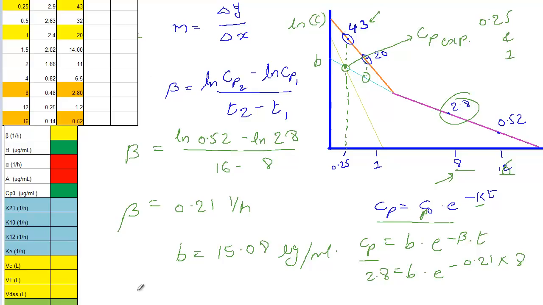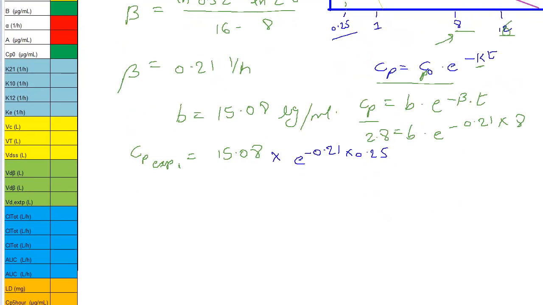Let's find out that. Cp extrapolated 1 is equal to B, we just figured out 15.08, times e to the power of minus 0.21 times, at what time point? 0.25, right?